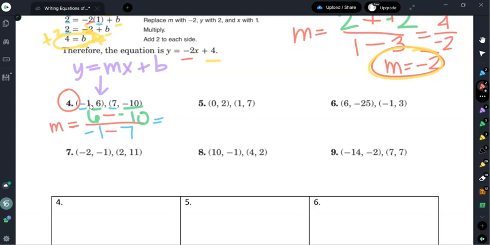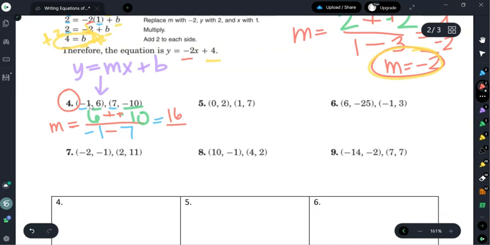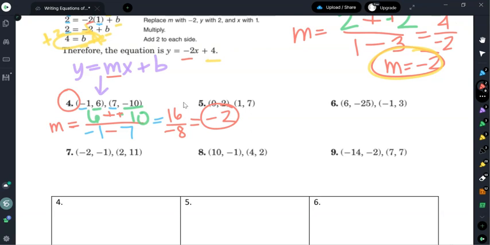So with the slope, we have 6 minus -10. That becomes a positive, and that's 16. And then on the bottom, we have -1 minus 7, which is -8. Because you're at -1, subtracting 7 more. So 16 divided by -8 is -2. So my slope is -2. So I have my m. I'm set on my m.